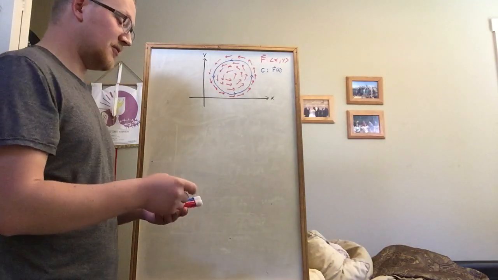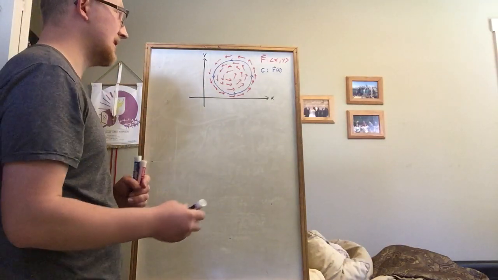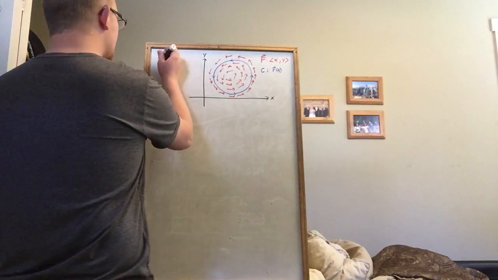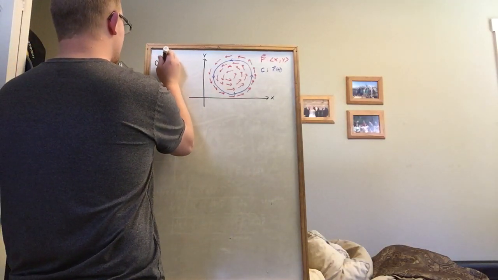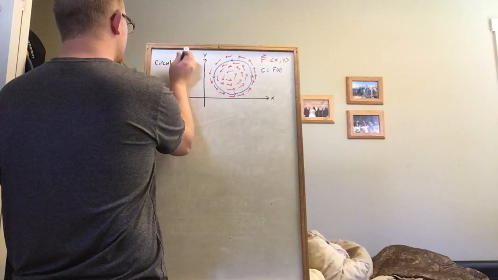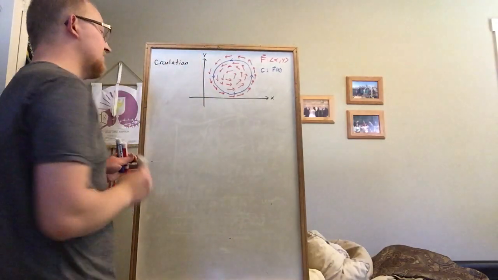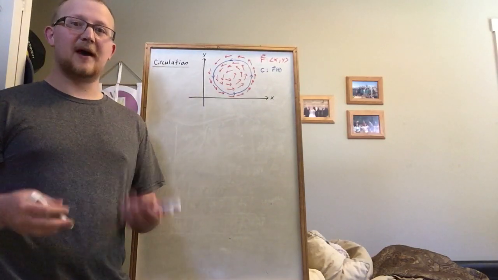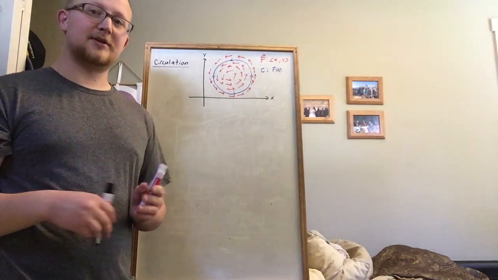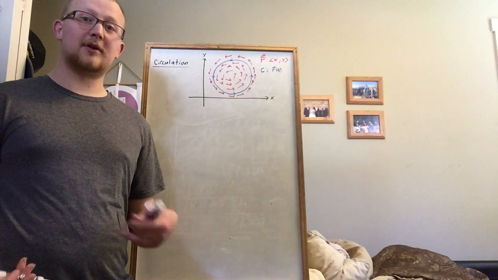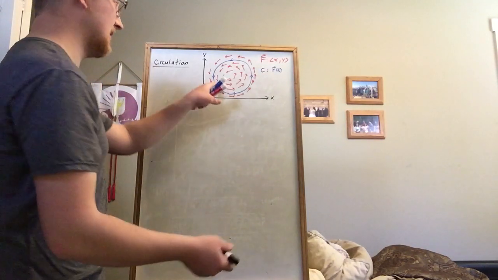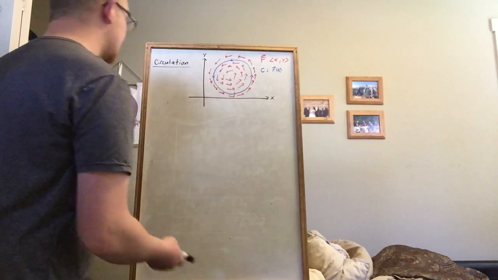There's a few ideas, and the first one I'd like to take a look at is something called circulation. Circulation is very similar to a line integral. As a matter of fact, it is a line integral, just like you would have a line integral in a vector field, except in this case, the curve is enclosed.